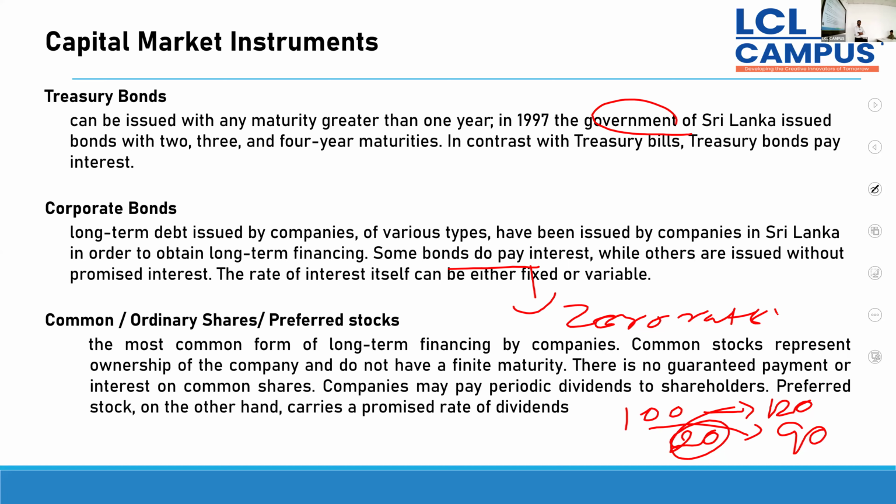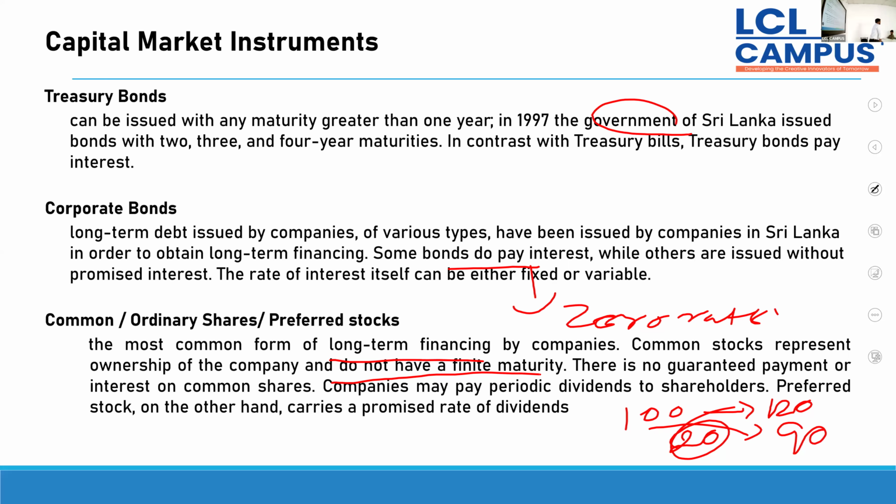Next, common, ordinary, and preferred shares. Common shares are mostly long-term financing, right? It represents the ownership of the company and does not have a finite maturity. What is that? Until the company closes, until the company operates, the maturity is there, right?